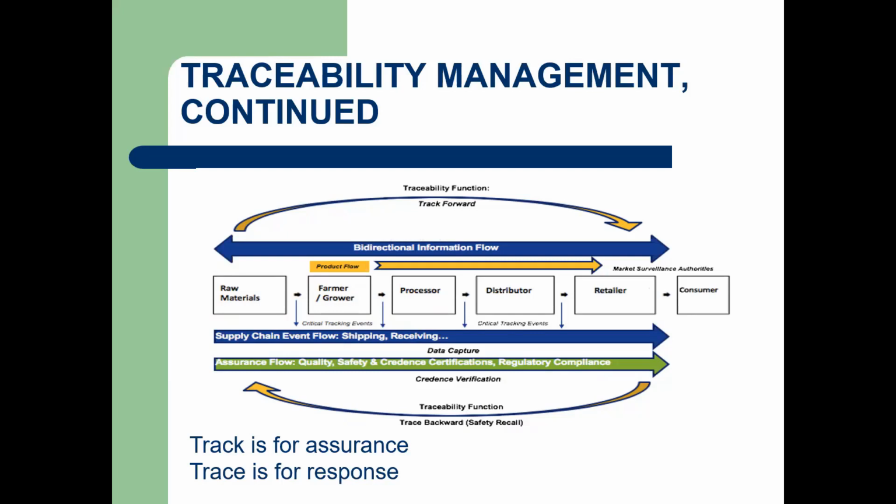So for example, if you're looking at the farmer and grower, for them, the critical traceability events would be where they're farming. Is that particular land being used for any product which can be subject to an allergen? Allergen is another important component when we talk about food safety and quality.